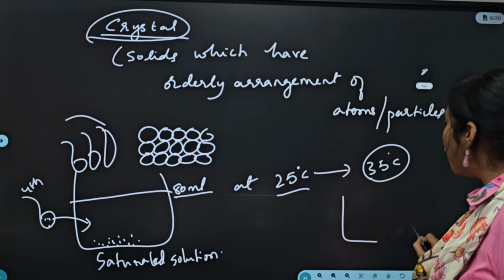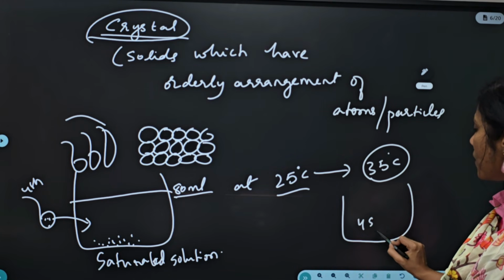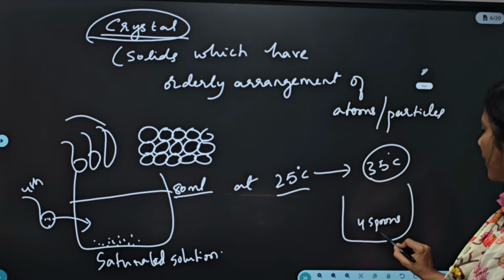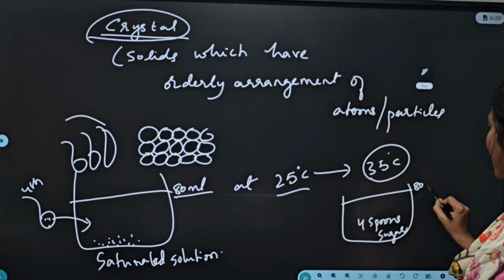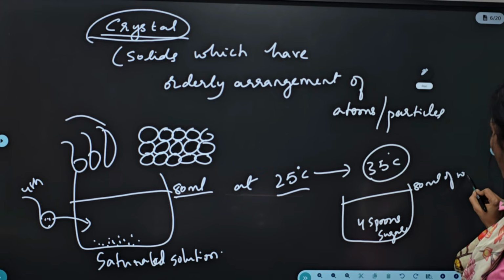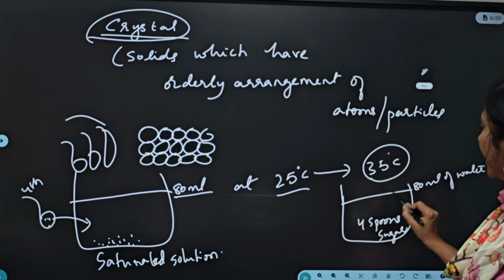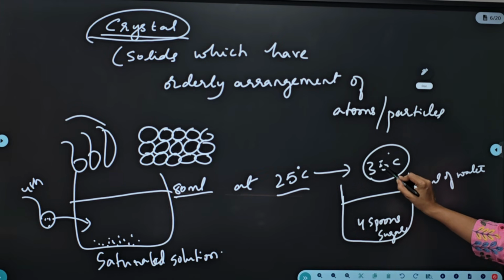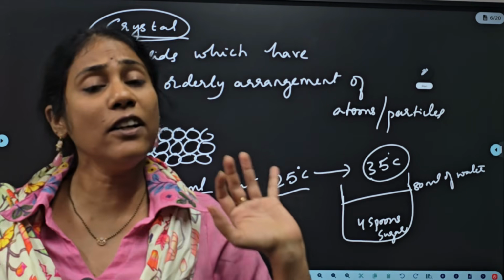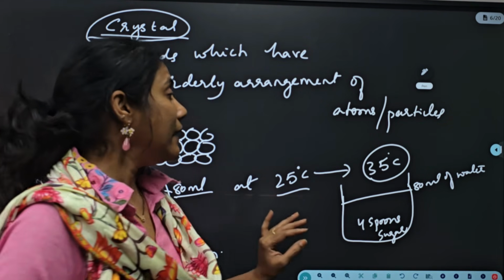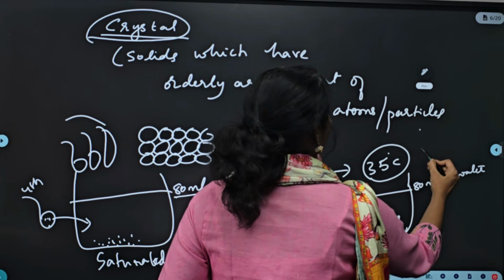So now 4 spoons of sugar are there in these 80 ml of water. As long as I maintain the temperature at 35 degrees, all the 4 spoons are nicely mixed in the water. But now all of a sudden I will cool.